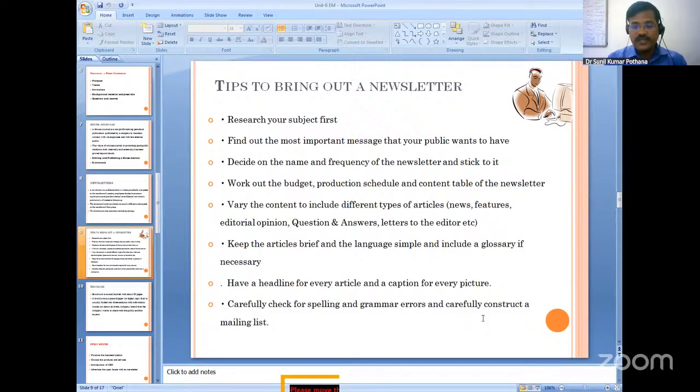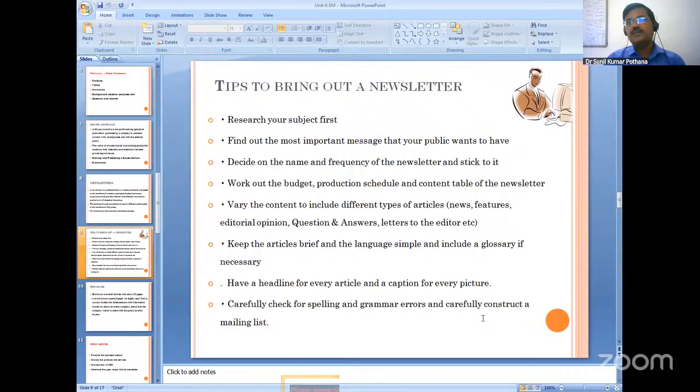Already we have discussed periodicity. Periodicity means, for example, that in general newspapers are daily.